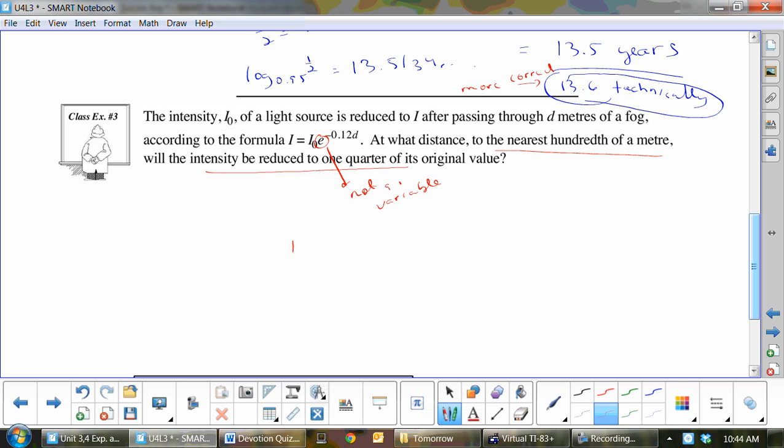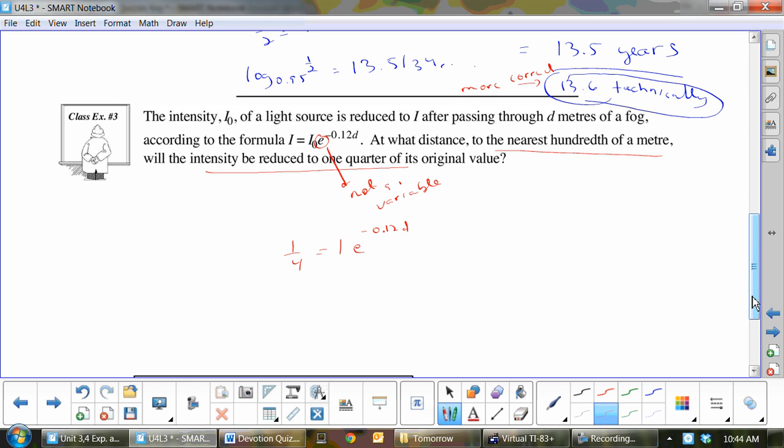I. So it would be 1/4 equals 1 times e to the negative 0.1 d. See, I don't know what it is. Say that was 100, then that would be 25, right? I would be 25. So then I'd go 25 divided by 100. Oh yeah, that's a quarter. So no matter what number you pick, I guarantee it's going to be a quarter of the number in this. So you'll do that first step, and you'll get a quarter anyway. So you actually had to use a quarter to find that number.